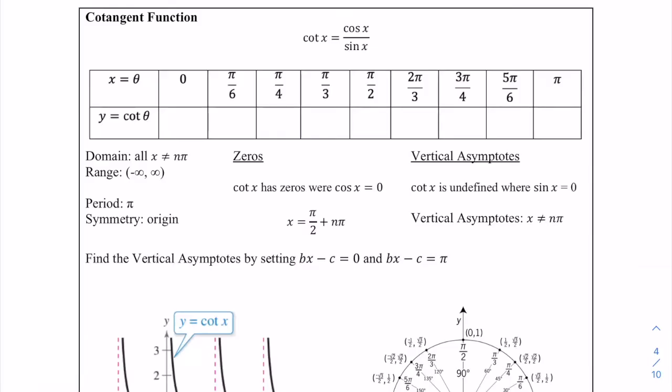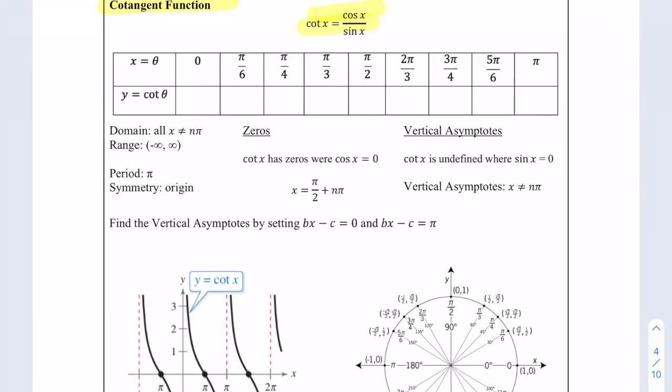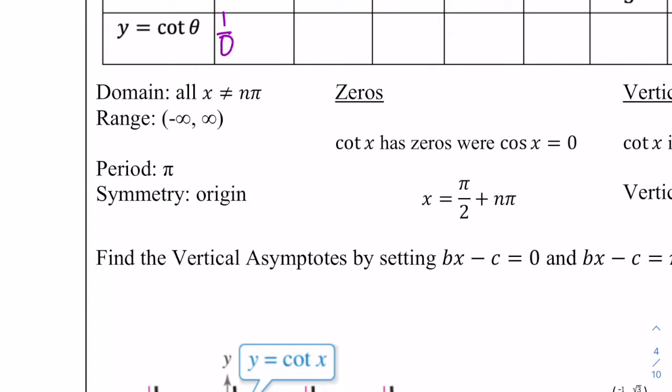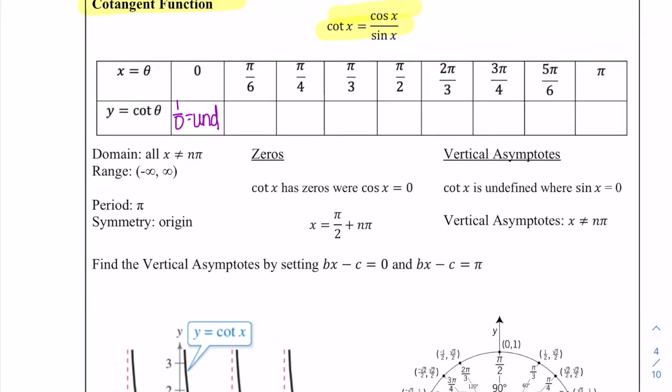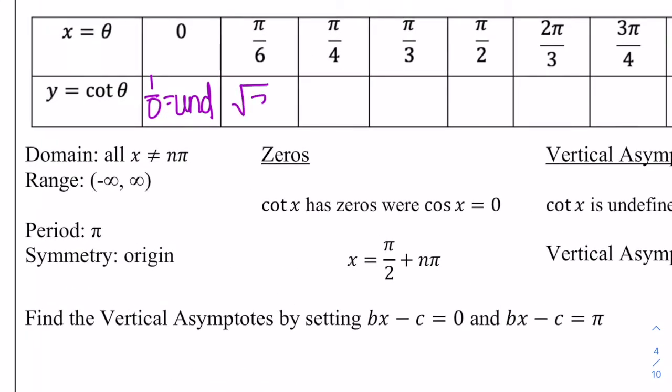If you remember, the cotangent function is also a quotient function, and it can be written as cosine over sine. So when we consider these values, we're actually going to look at the x divided by the y. At 0, the x is 1 and the y is 0. But remember, we can't divide by 0, so that's going to be undefined. At pi over 6, we're going to have root 3 over 2 divided by 1/2, so that's just root 3.